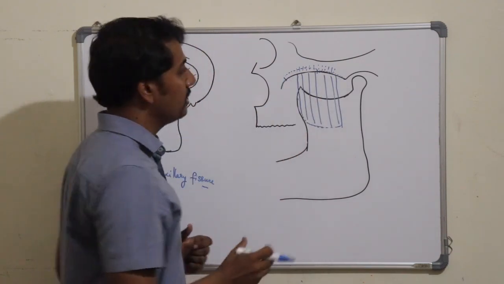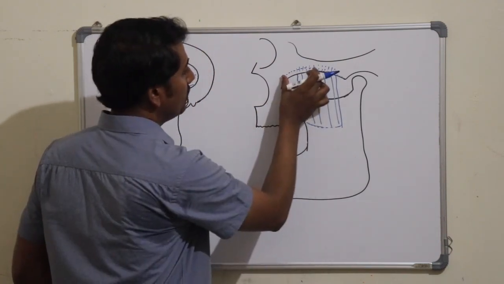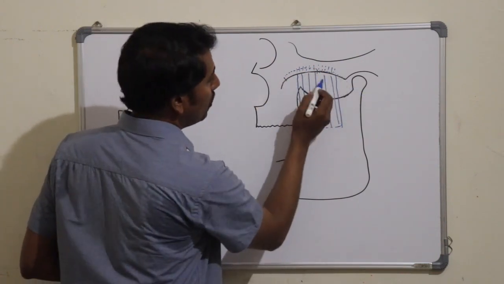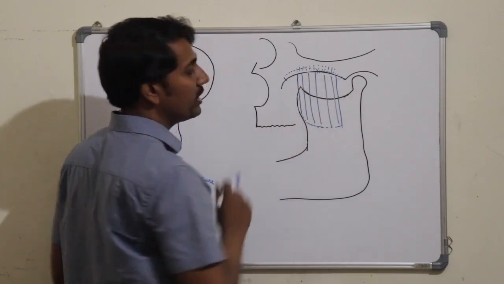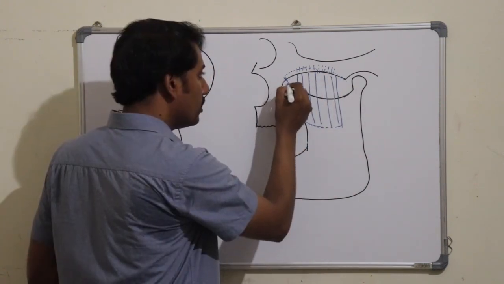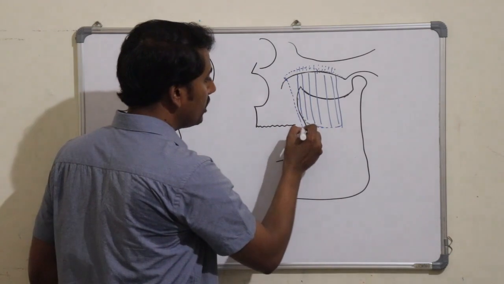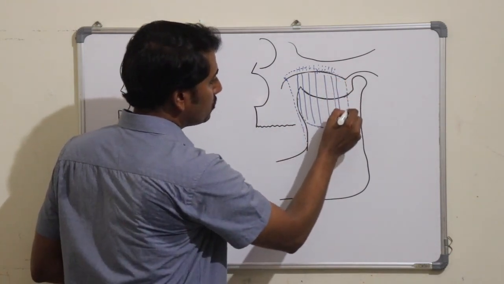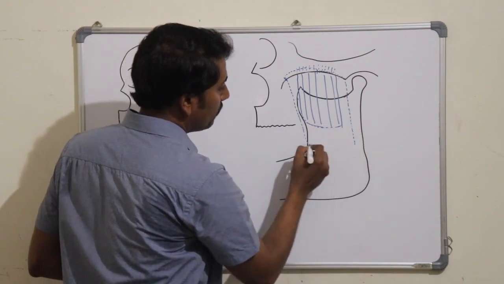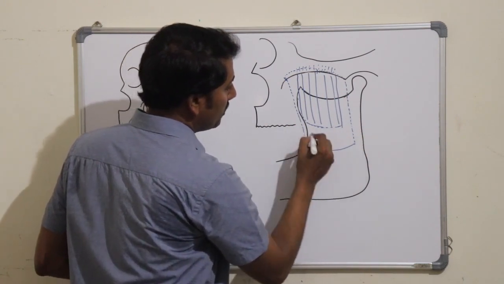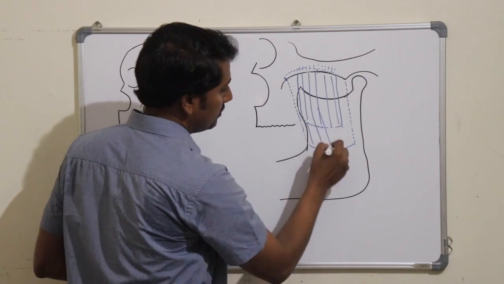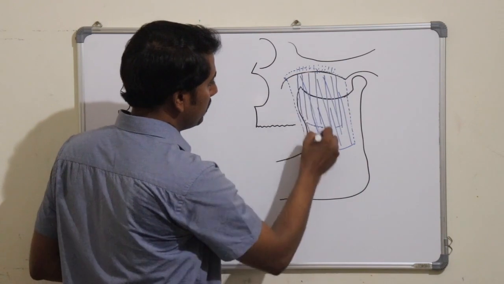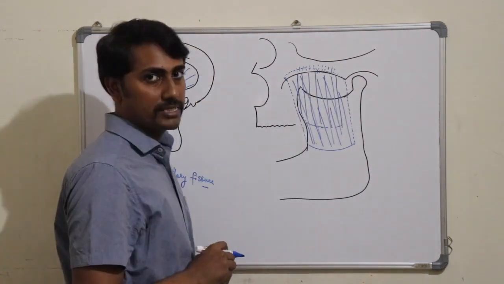So it has two origins: the anterior two-thirds of the deep surface of the zygomatic arch and the posterior one-third of the lower border of the zygomatic arch. The fibers of the middle layer also pass vertically downwards to get attached to the middle part of the lateral surface of the ramus of the mandible. So this is the middle layer of the masseter muscle.